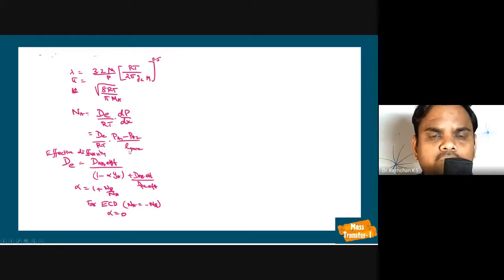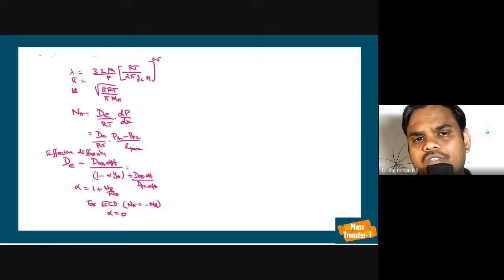And if the length of the pore is not uniform, we can always replace the D value with effective diffusivity, which is a function of molecular diffusivity and Knudsen diffusivity effectively.